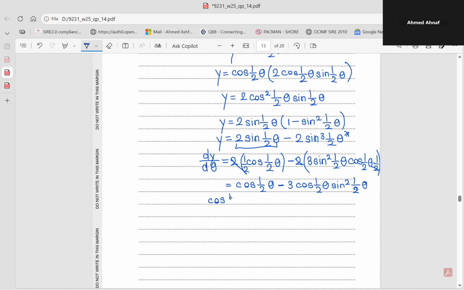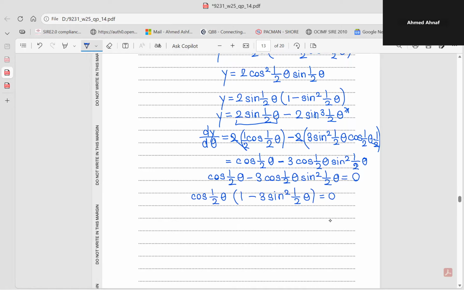So cos half theta minus 3 cosine half theta sine square half theta equals 0. We'll factor out the cos half theta, then you get 1 minus 3 sine square half theta equals 0.